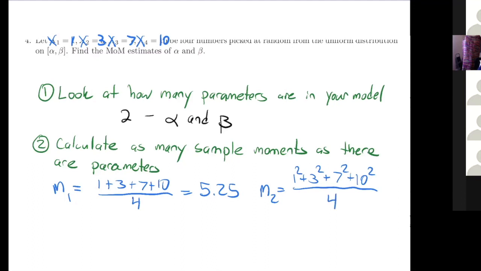And then M2, I would take the average of the squared values, which comes out to 39.75. Hopefully that step is pretty straightforward, just doing some calculations.